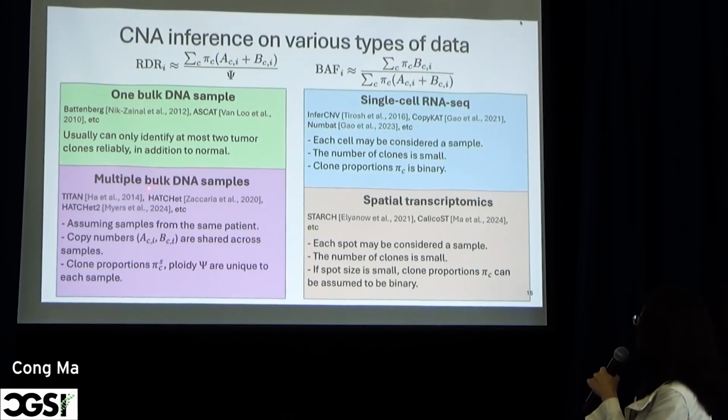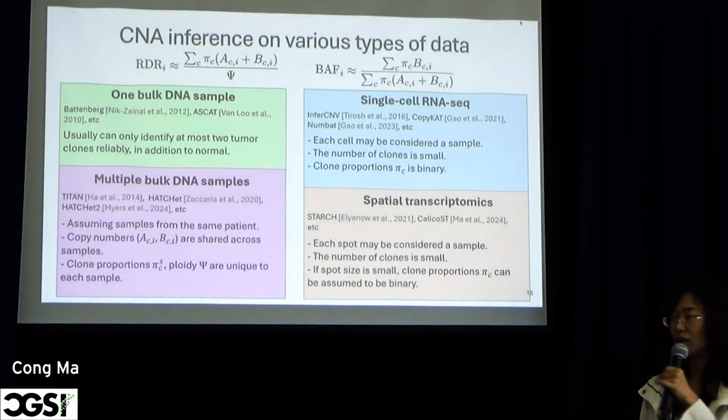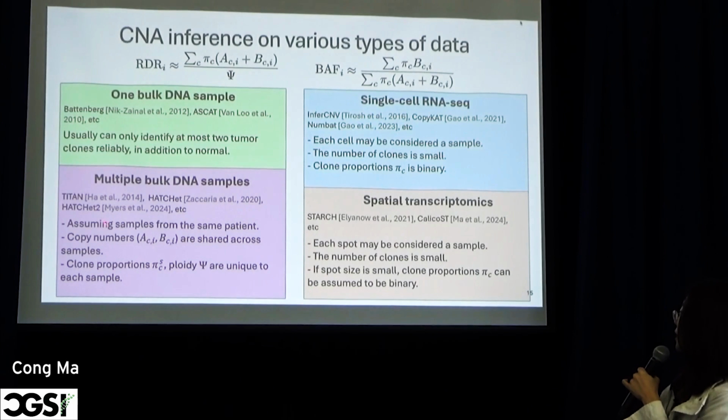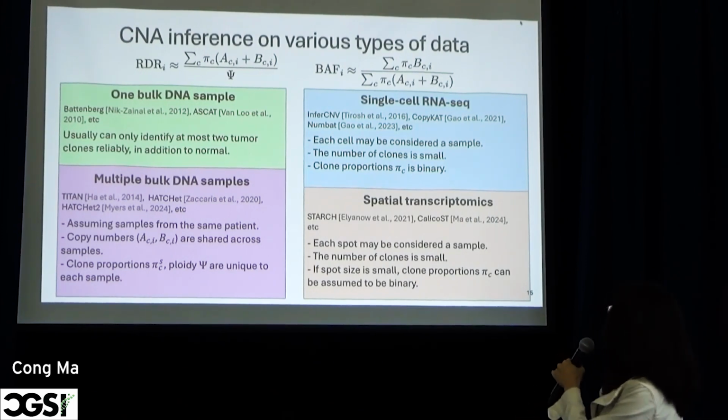And if we have multiple bulk DNA sequencing samples from the same patient, they should have the same tumor clones, but potentially with different proportions. That means copy numbers are shared across samples, but the clone proportions are different for each sample.